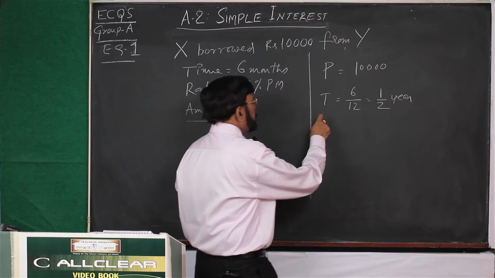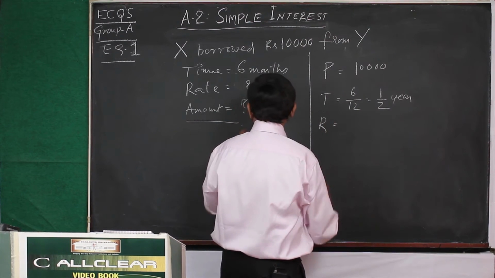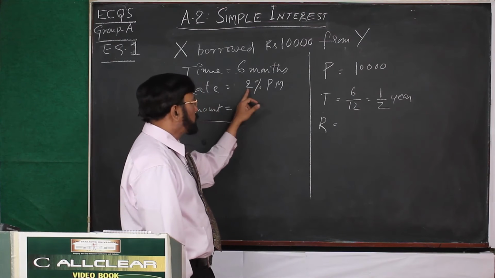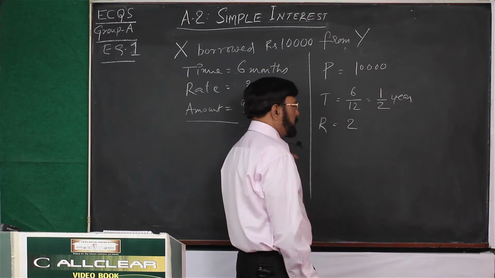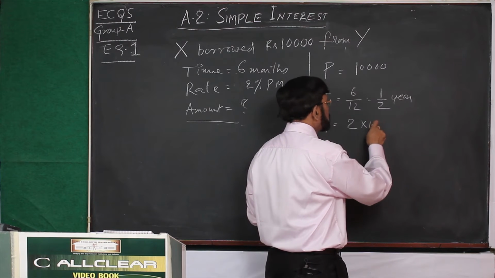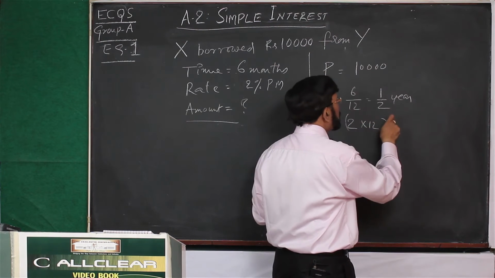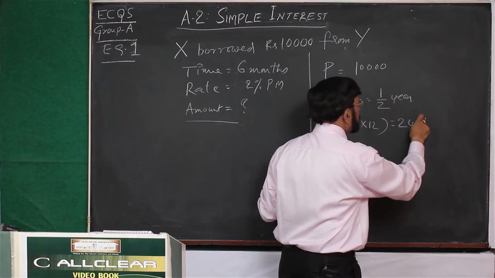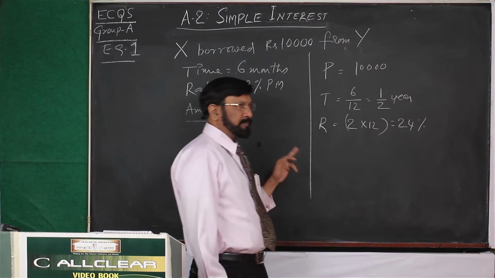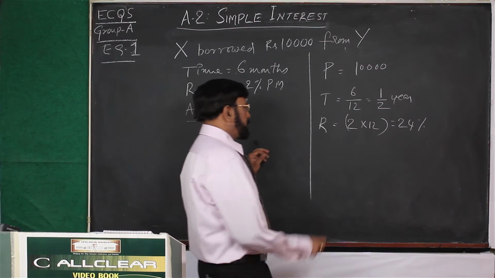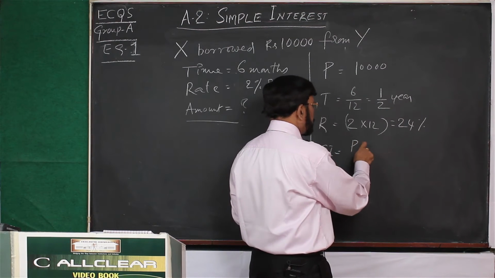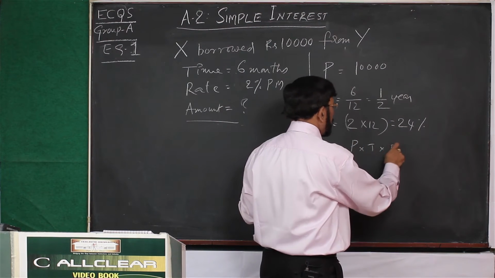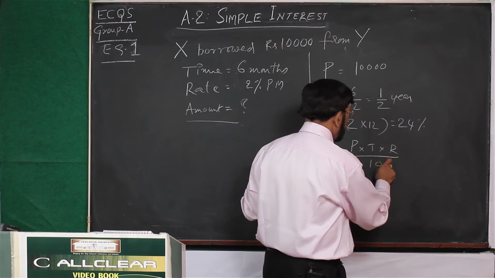Thereafter, a rate is given per month, 2% per month. So, 2% per month for 12 months is 24% per annum. Thereafter, the simple interest formula, you know that, P into T into R by 100.